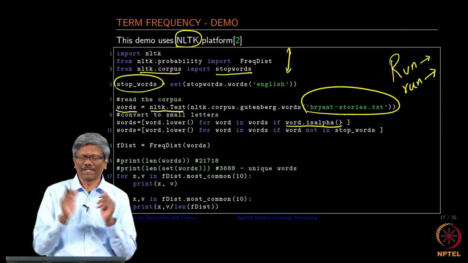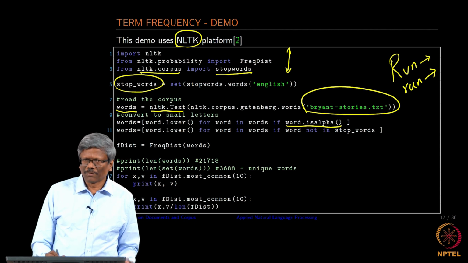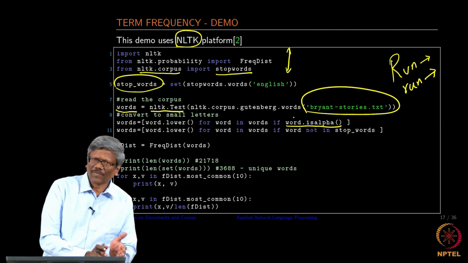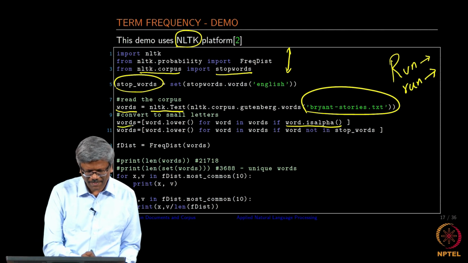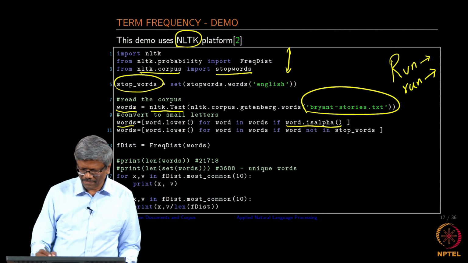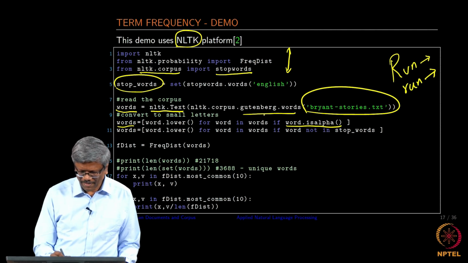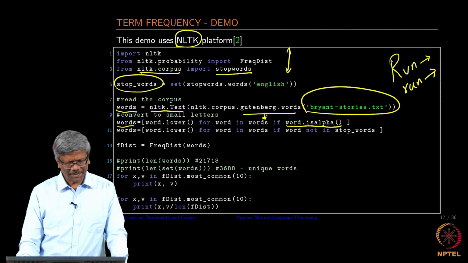I want to only look at the English vocabulary. So, I want to find out whether a given word is an English word, then add it to my collection, otherwise I ignore it. This statement goes through the entire collection of words that we have captured and creates a small subset where only the alpha words are captured.